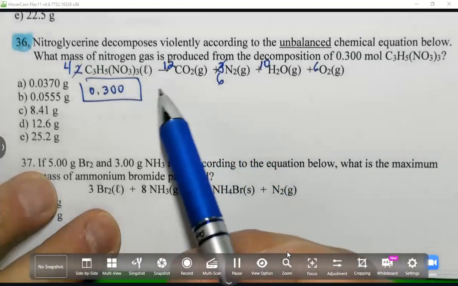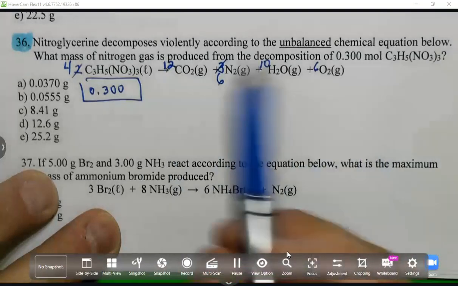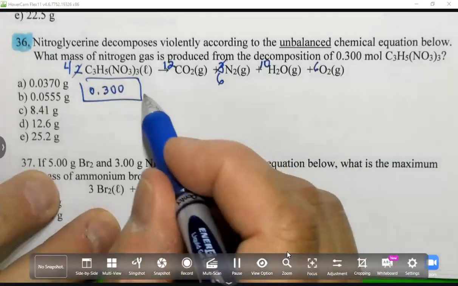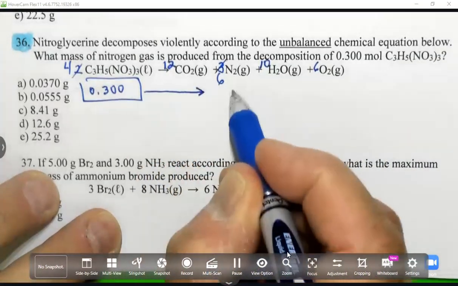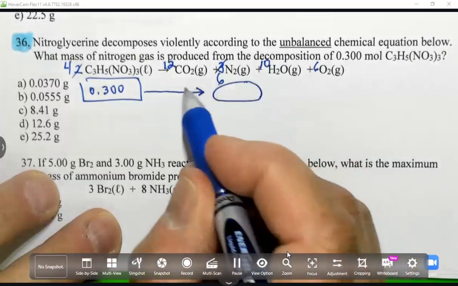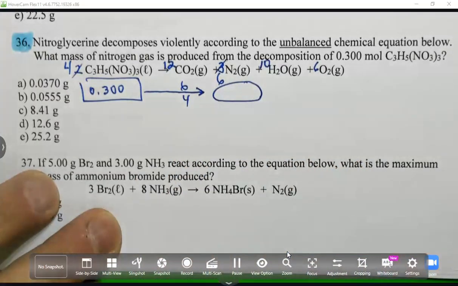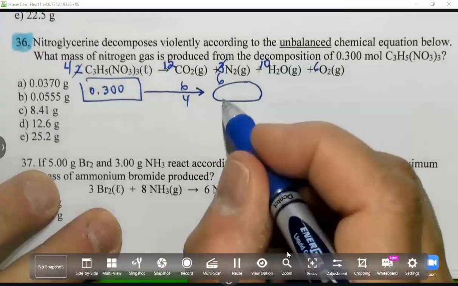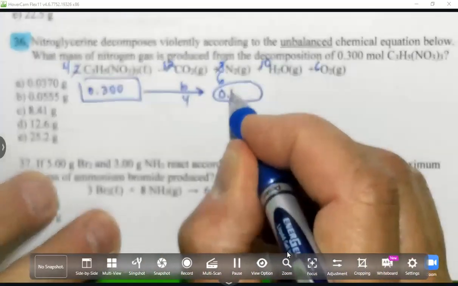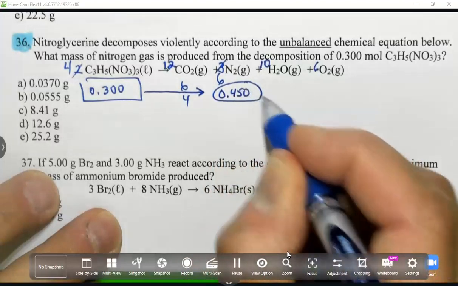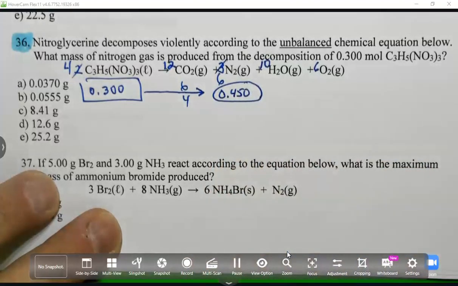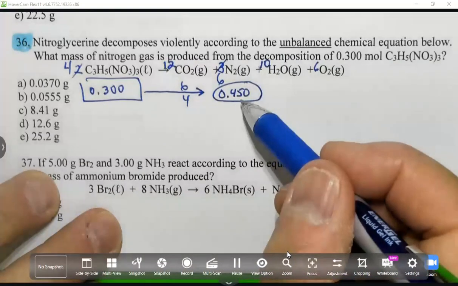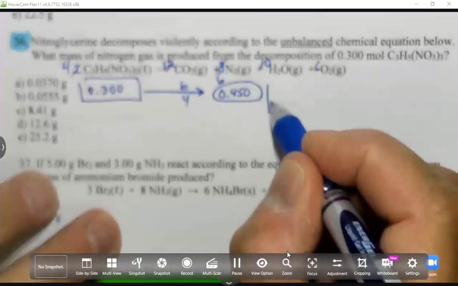What mass of nitrogen gas? We're given the moles. And this ratio for nitrogen here is 6/4, yes? 6/4 or 1.5 times that is going to be 0.450. That's moles.